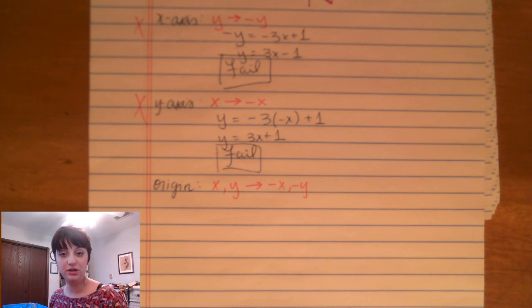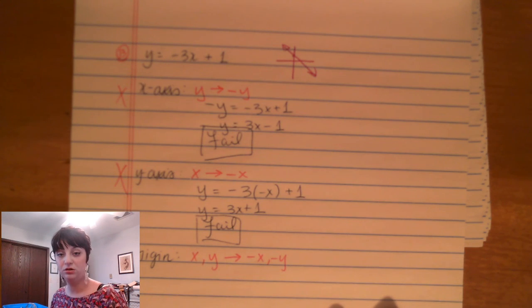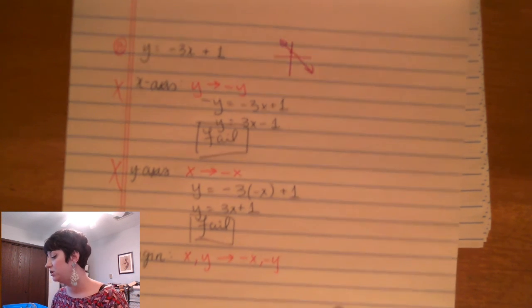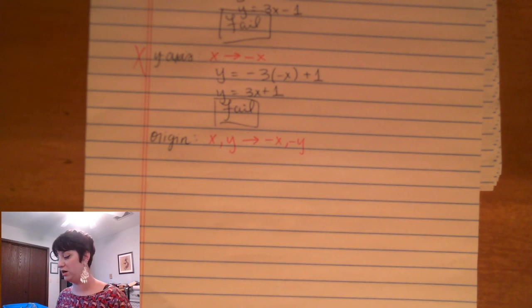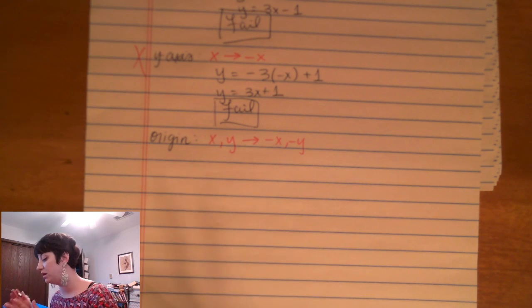Probably not going to happen in this case. Again, we have our picture. No indication that there's origin symmetry. So let's go ahead and try this one. I mean, maybe, but probably not.